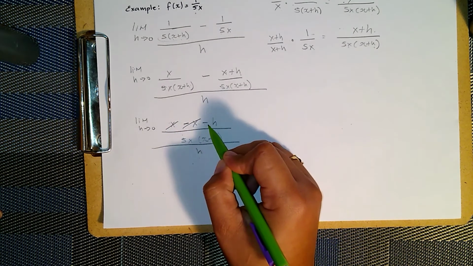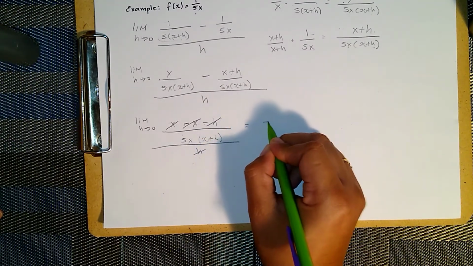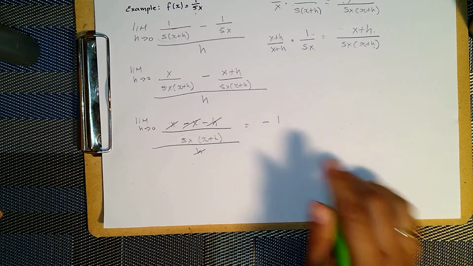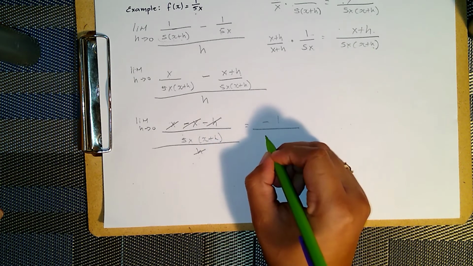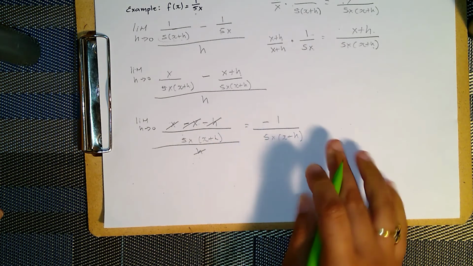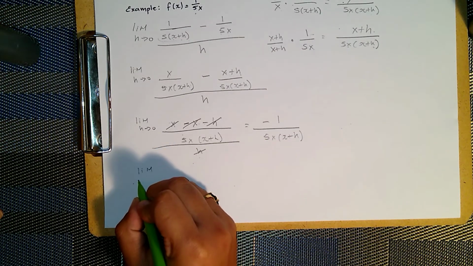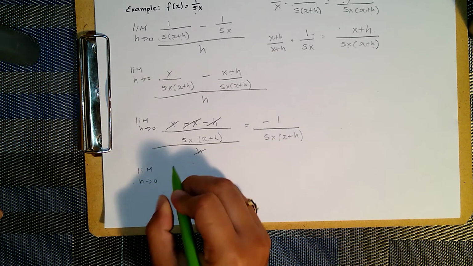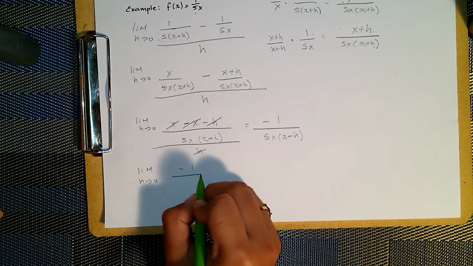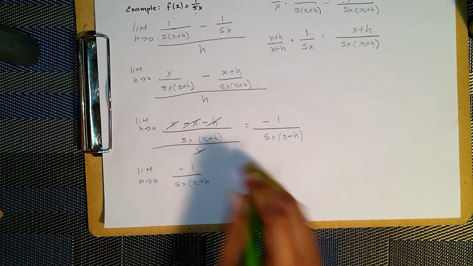This also cancels out, and it's negative 1 all over 5x, x plus h. You write the limit of h approaching 0 of negative 1 all over 5x, x plus h.